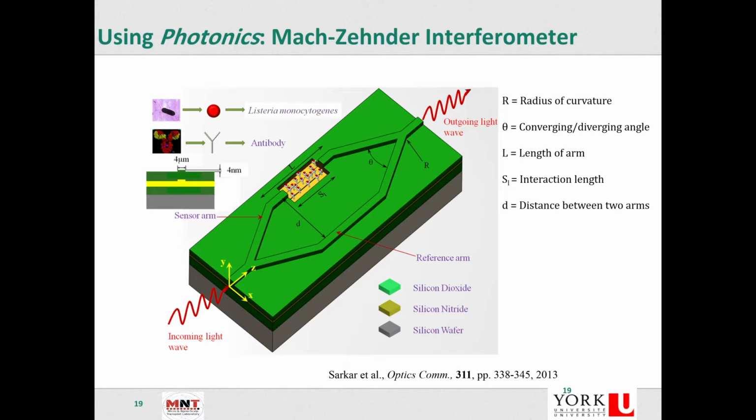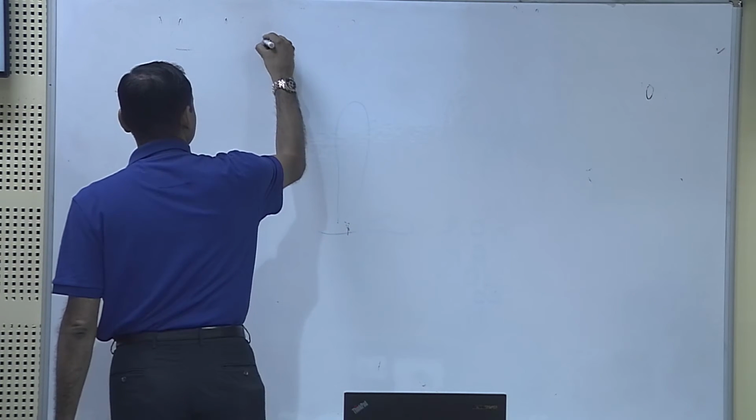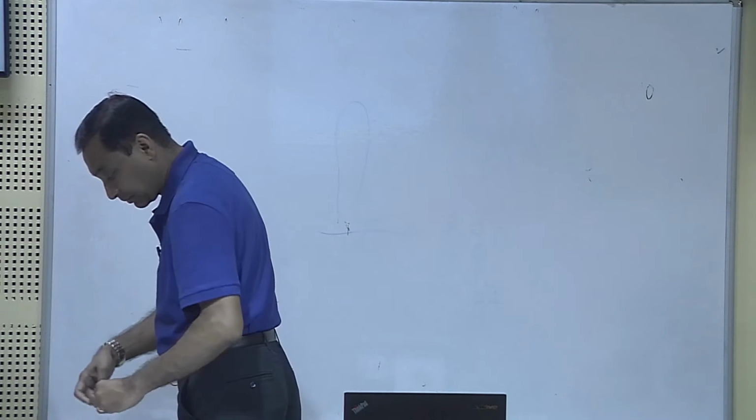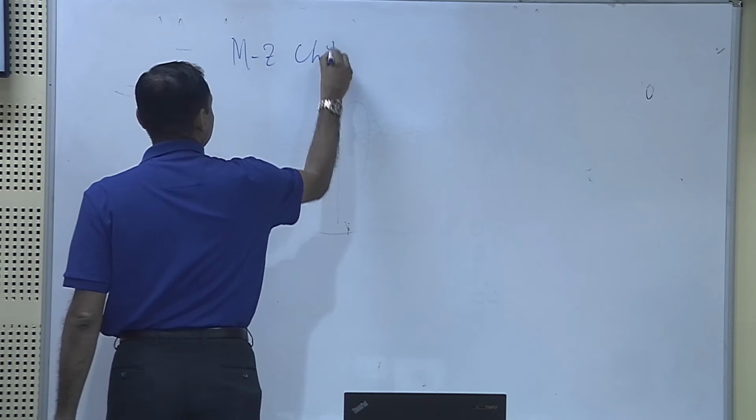We apply something that people in electrical engineering have learned, which is called the Mach-Zehnder interferometer. So what does this Mach-Zehnder interferometer do?